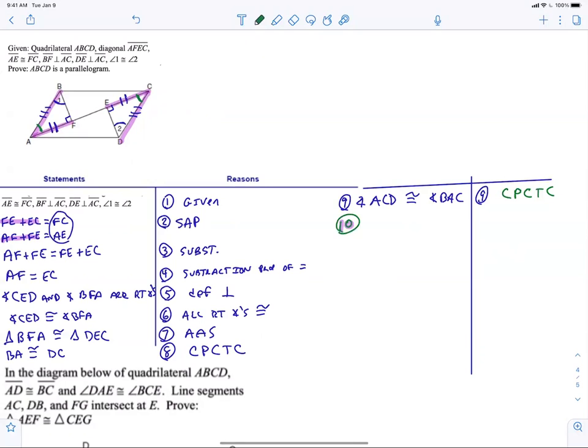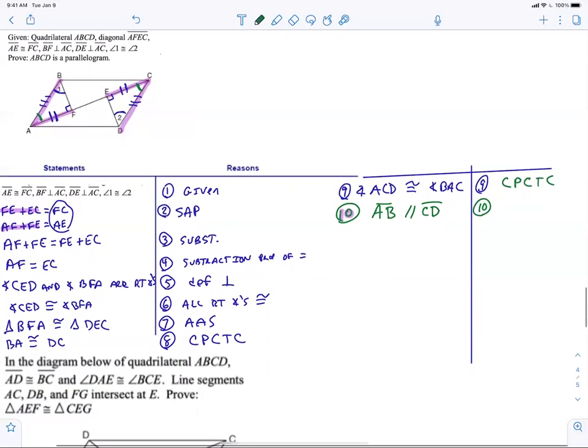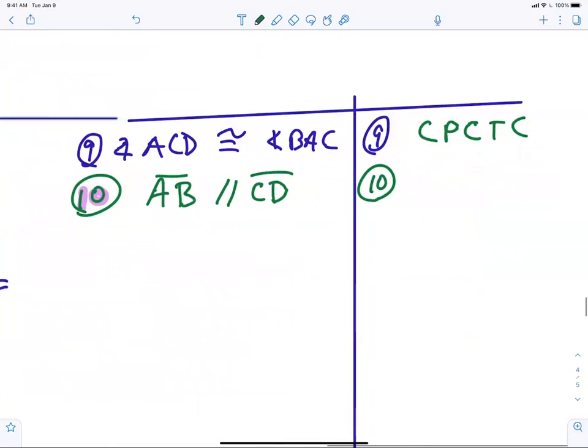Say it again. AB and CD are parallel because, yeah, it's kind of the converse, but I don't care. If alternate interior angles are congruent, then lines are parallel.